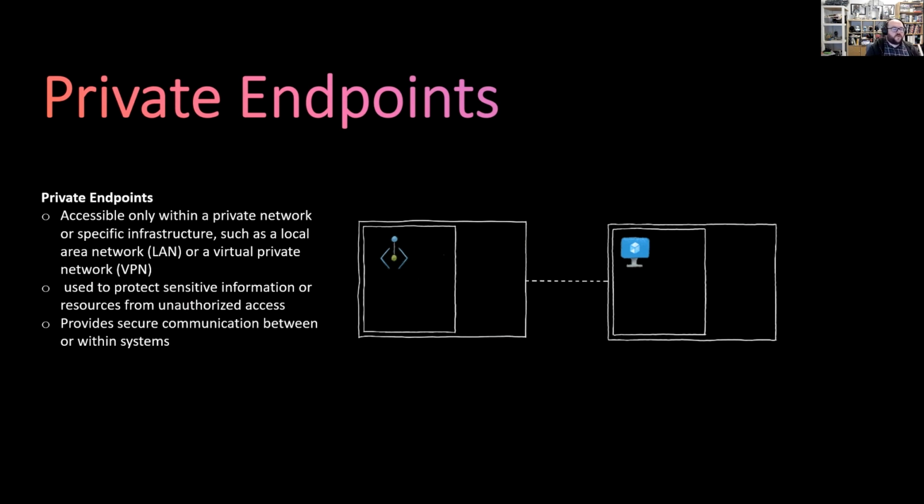Those are the two types of endpoints. You might get asked the odd question on it. It's not a big part of the course, but it's something to be aware of, that there are these different types of endpoints that services can have.